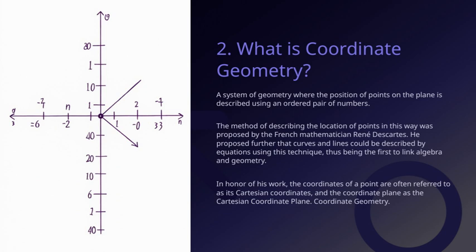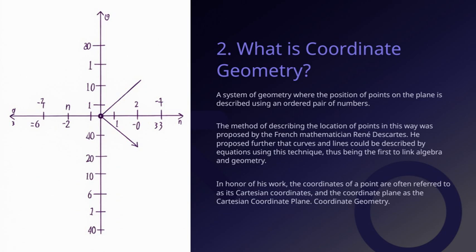This method was actually proposed by the French mathematician René Descartes, who made a significant breakthrough by linking algebra and geometry. He suggested that not only can we pinpoint points using pairs of numbers, but we can also describe curves and lines with equations based on this technique.